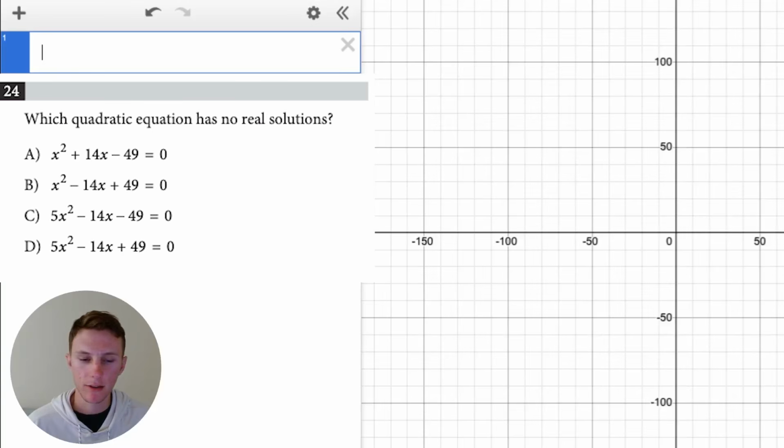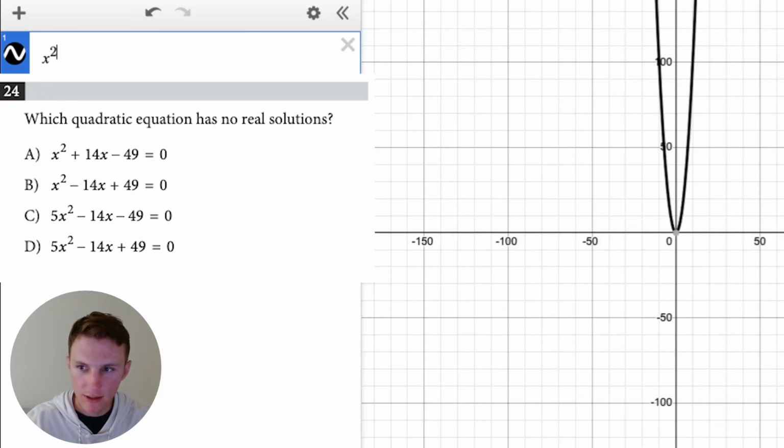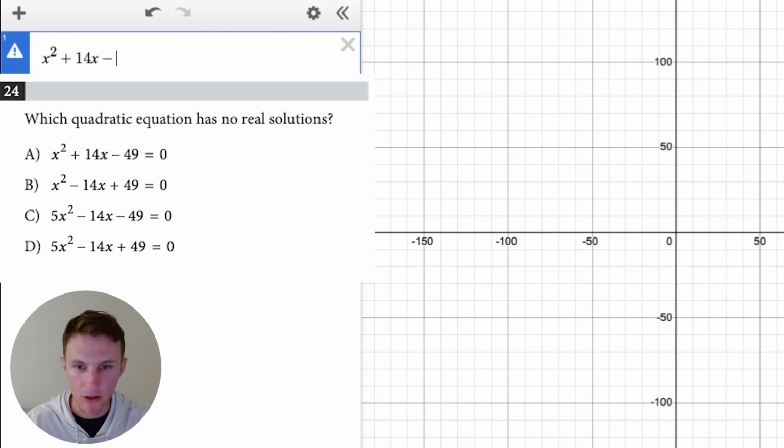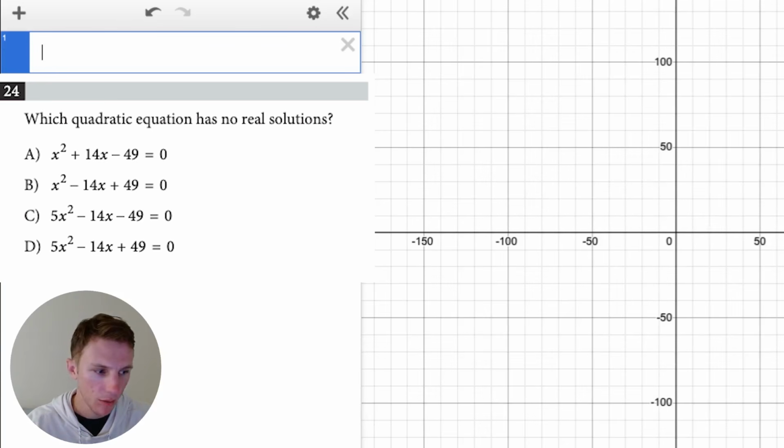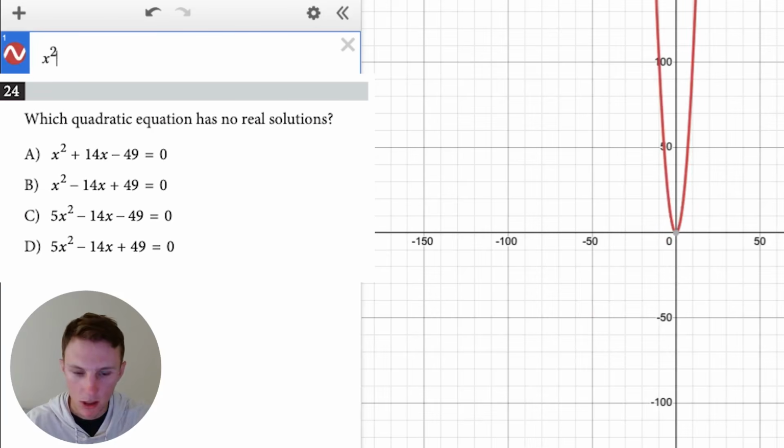If you get a question like this, you should be really happy because in the Desmos era, these are super Mickey Mouse. So what you're gonna do is just literally type in all the answer choices, and then you're just gonna see which one doesn't touch the x-axis. So this one does. It has 2 solutions because it touches the x-axis twice. So we're gonna ignore that. We're gonna put in B, see what happens here.